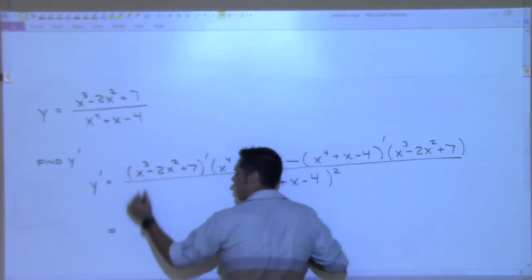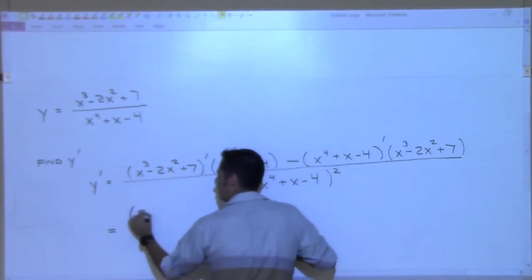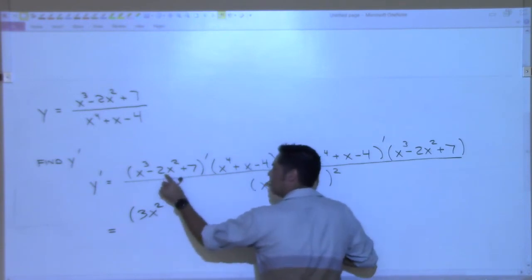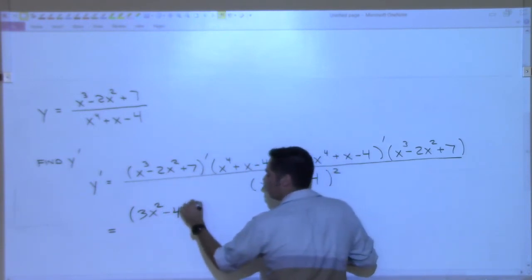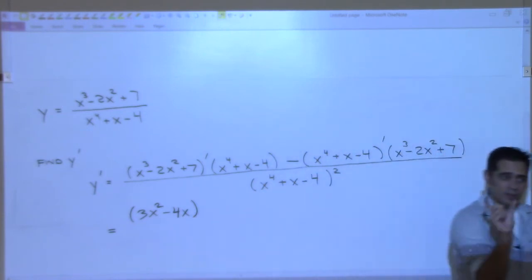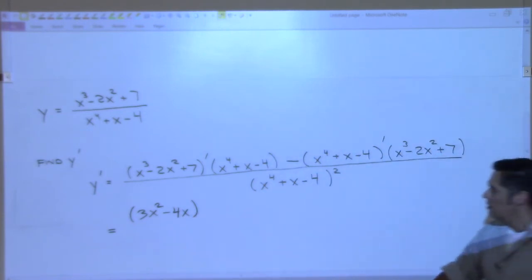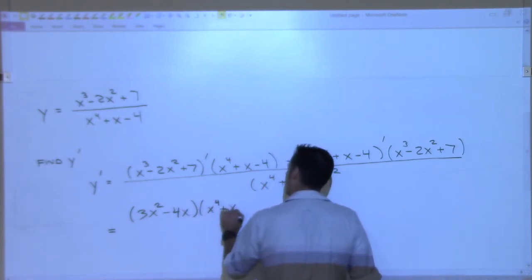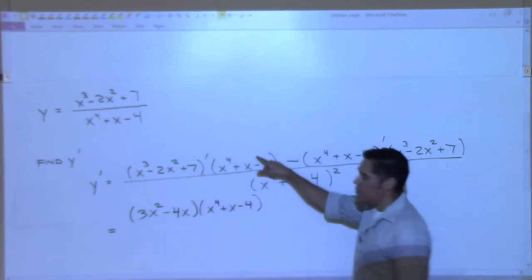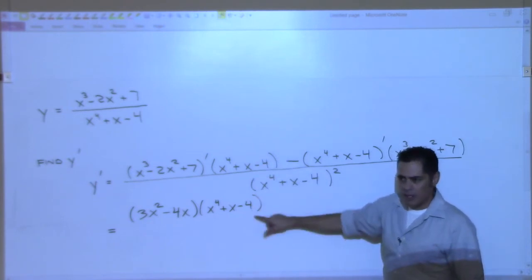So what's the derivative of that? 3x squared, and then minus 4x, and plus 0, so I'm not going to put it. Close the parentheses, but you need it in parentheses because it's two terms, right? Okay, times x to the 4th plus x minus 4. I'm not touching that. I'm not taking the derivative of it. I'm just leaving it alone.